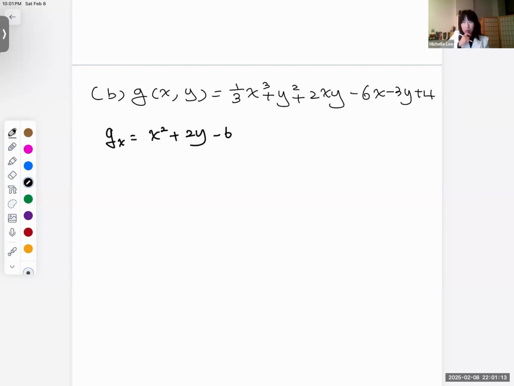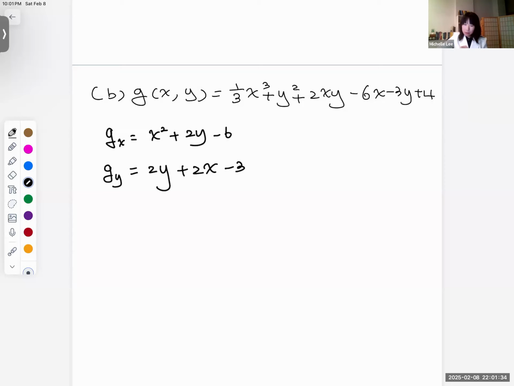Wow, this is so hard to find the x value, right? Okay, let's do the partial derivative with respect to y. Then we get 2y plus 2x negative 3.